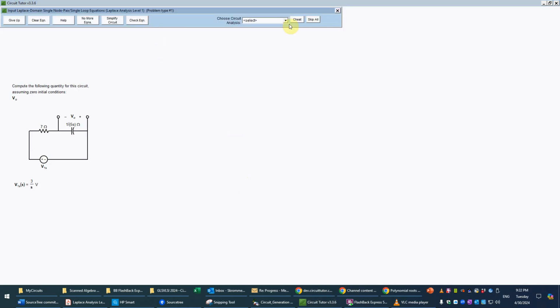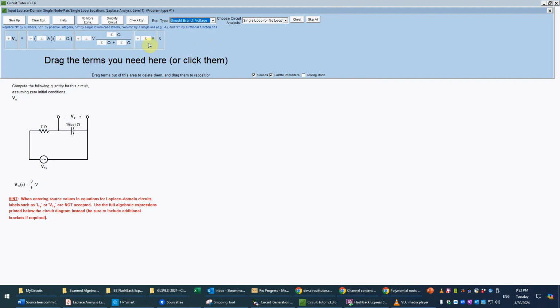Okay, so at this point we can use our single loop analysis and do a voltage divider. So I'm going to select simply the sought branch voltage. If I tried to select other things here, it would really recommend that I do that. So we're just going to write an equation directly for V naught using the voltage divider formula, which for two elements would have this form.